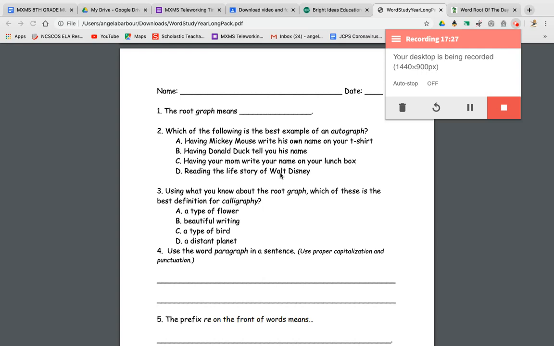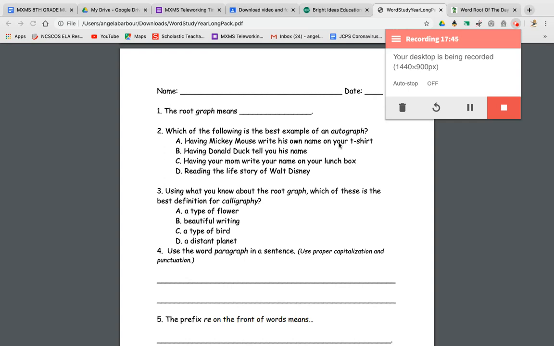So then what is the best example of an autograph? Reading the life story of Walt Disney, having your mom write your name on your lunchbox, having Donald Duck tell you his name, or having Mickey Mouse write his own name on your t-shirt.